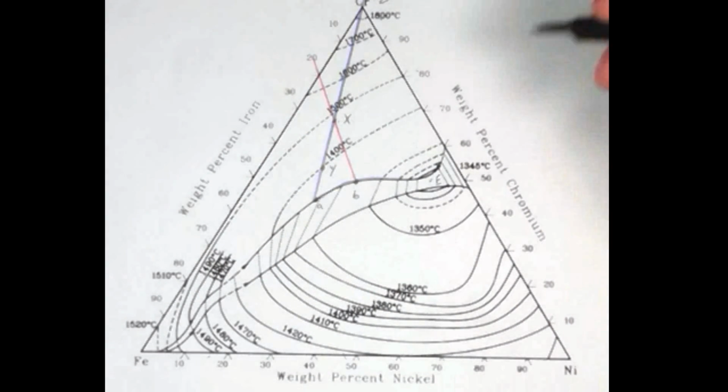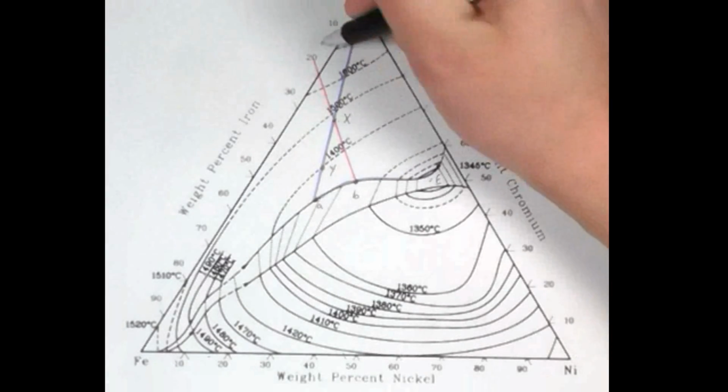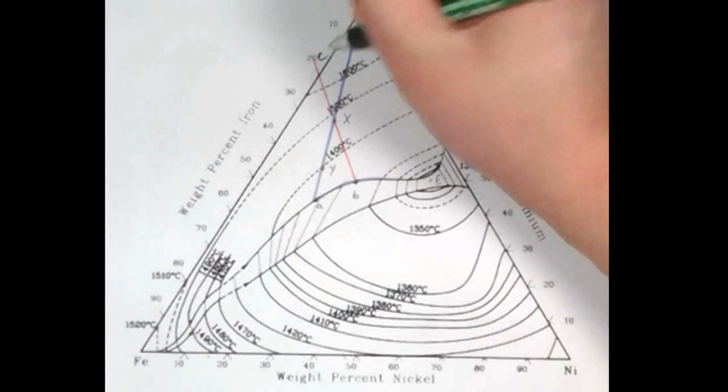Now I'm going to call the point where we intersect the opposite side of the triangle point C.